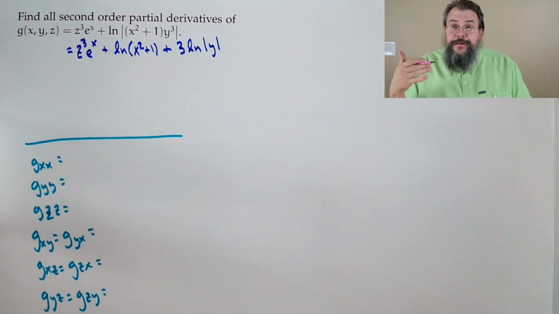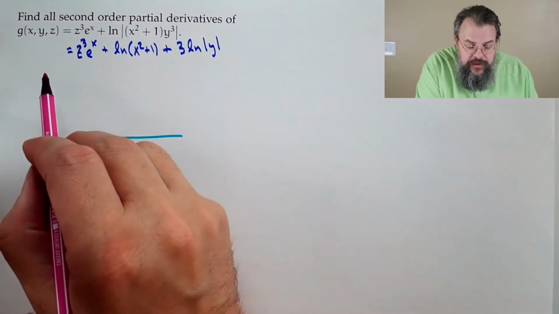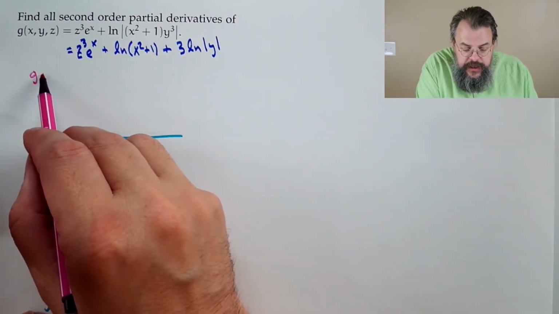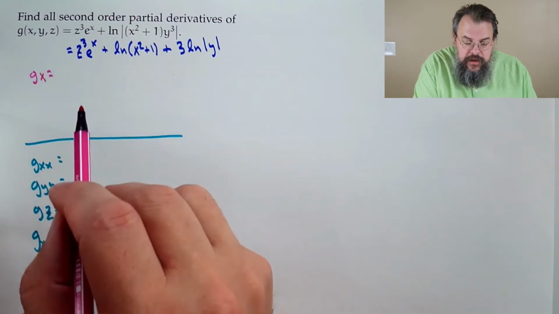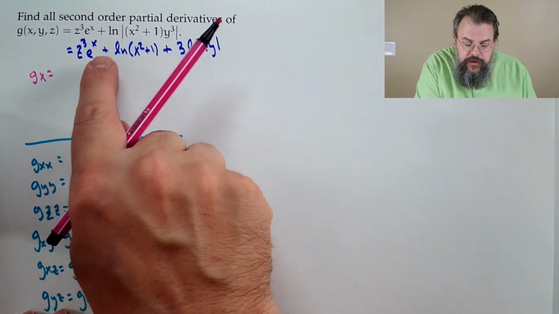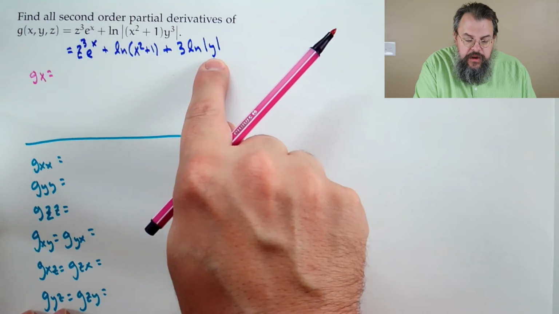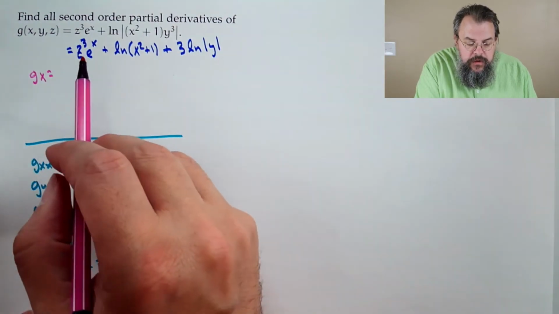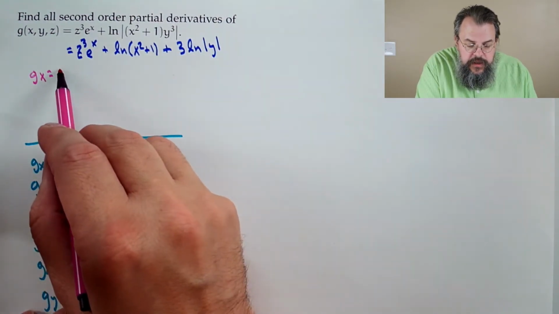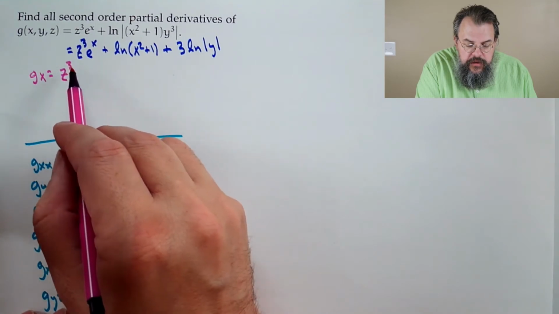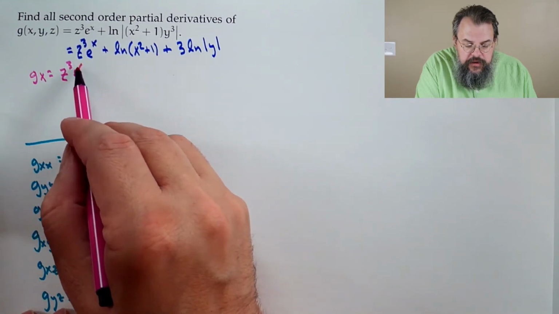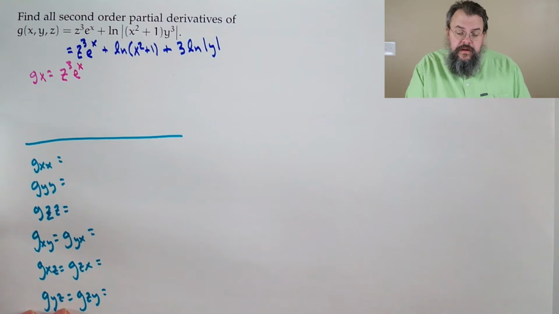Because we have to start with our first order partial derivatives. So g sub x. Okay, x shows up in 2 places. The last term will completely go away. So we see that the first term, well, the z cubed is a constant, and the derivative of e to the x is e to the x.